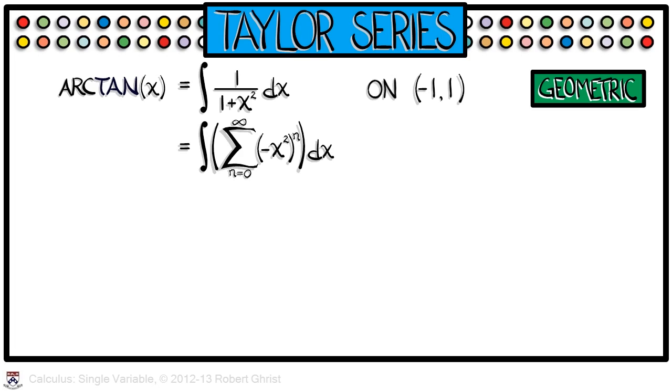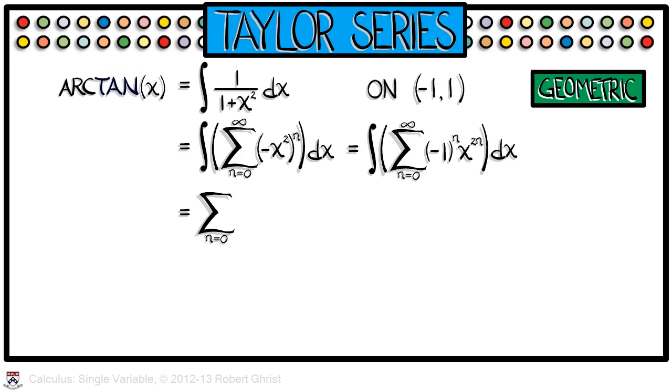The arctan is really the integral of the sum over n of quantity negative x squared to the n. Now, if we expand that out and then integrate term by term, then we get the arctan as the sum, n goes from 0 to infinity of negative 1 to the n over 2n plus 1 times x to the 2n plus 1.